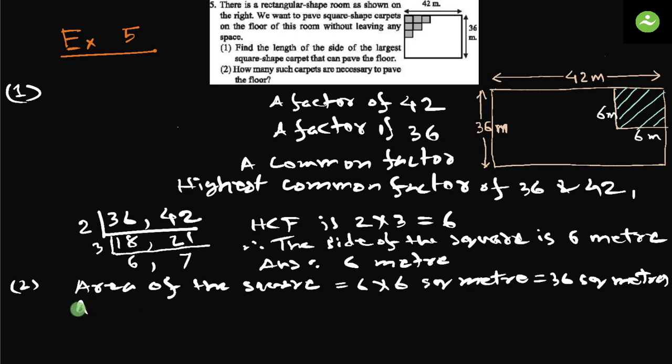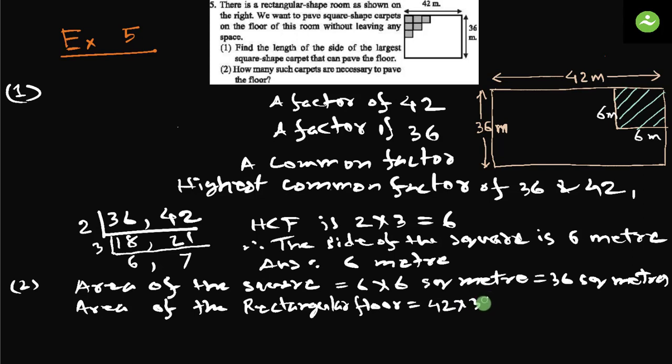Now the area of the rectangular floor equals 42 into 36 square meter.